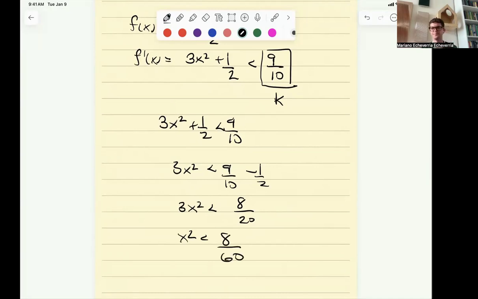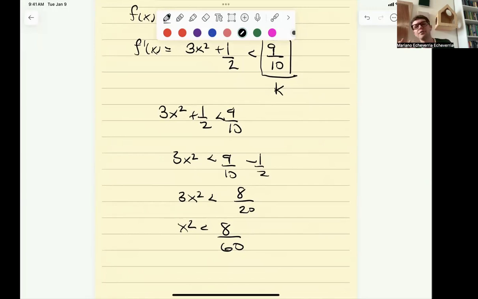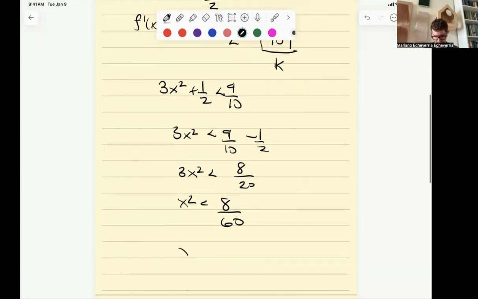If you take square roots, x should be between negative root of 8 over 16 and root of 8 over 16, that would work. So if you take x to be between those two values, that guarantees that the derivative would always be less than 9 over 10. Okay, I understand now. Thank you.